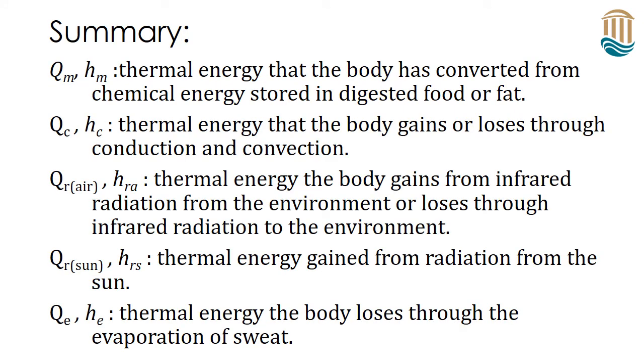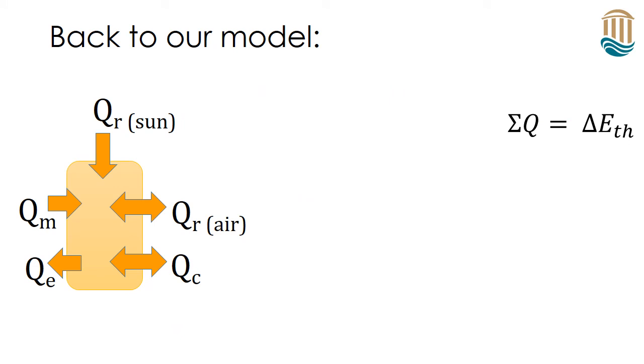So, we now have these 5 processes that can transfer thermal energy either to or away from an animal's body. We can calculate both the rates of thermal energy transfer, and if we know the time over which they happened, we can determine the amounts. We have now completed our model of the processes that add or remove heat from an animal's body.